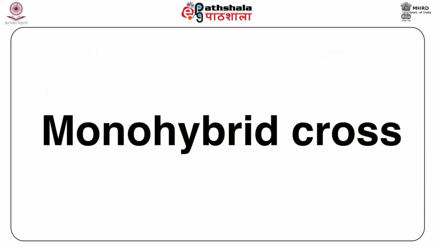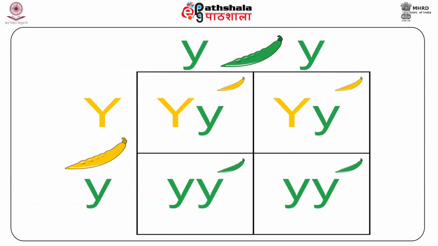Monohybrid cross: the mating between one pair of characters, or a cross made to study inheritance of a single pair of genes, is called a monohybrid cross. We can depict the cross or mating in the form of a Punnett square. Suppose we wish to mate two pea plants which are identical for every trait except for seed color.